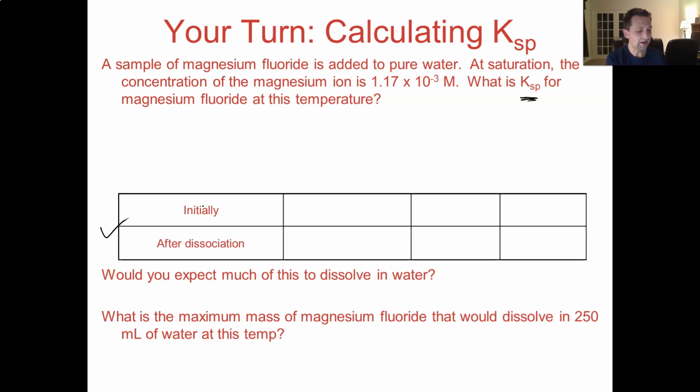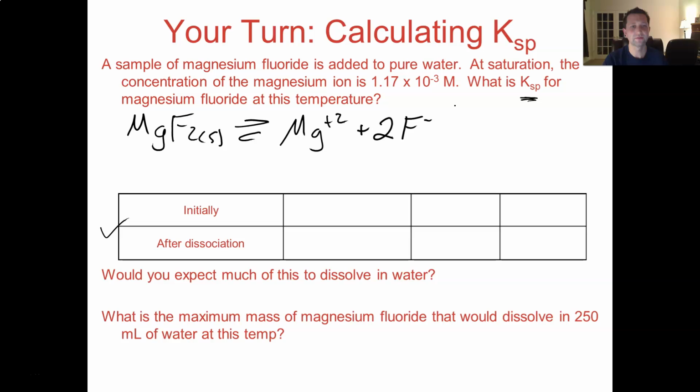Okay, so we have magnesium fluoride, so that is MgF2, solid. It's not very soluble, but a little bit does dissolve, right? So we're going to create Mg2+ and 2 fluoride ions, right?